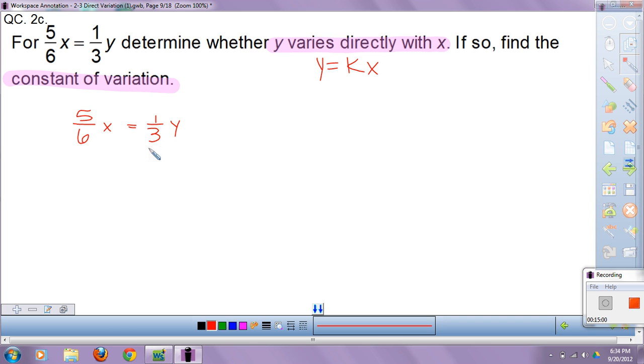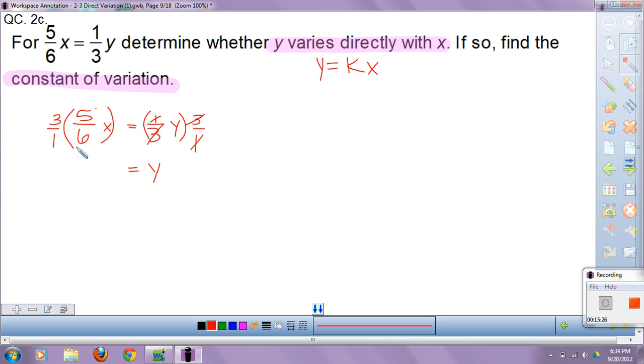So in order to get rid of this 1/3, I'm sure many of you are thinking, oh, it's multiplication, let's divide. But remember that you can't divide fractions, so instead we need to multiply by the reciprocal, which is 3/1, or just 3. Your 3's cancel, and of course 1 divided by 1 is just 1, so you're simply left with y on this side. 3/1 here, and you can cross cancel with your 3 and your 6.